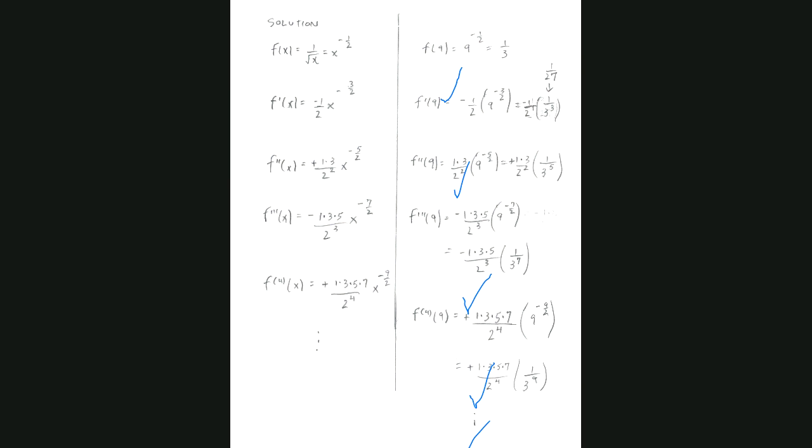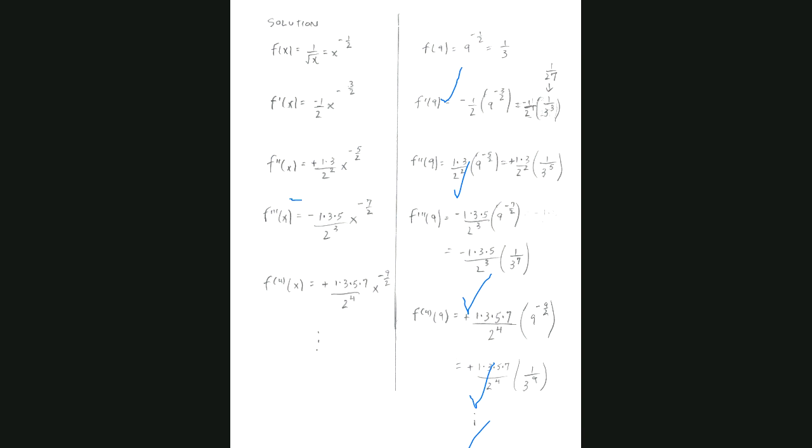Now, when I put in the 9, for the first derivative, 9 to the negative 3 halves is the same as 1 over 27, but I write that as 1 over 3 cubed.